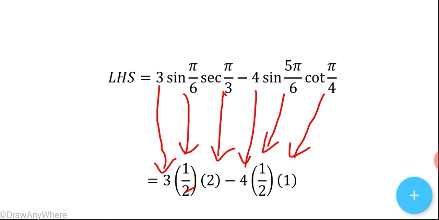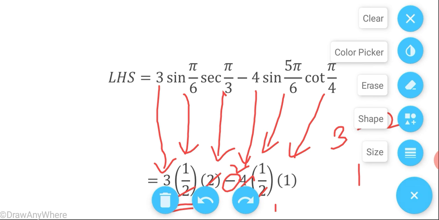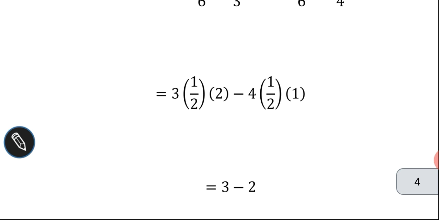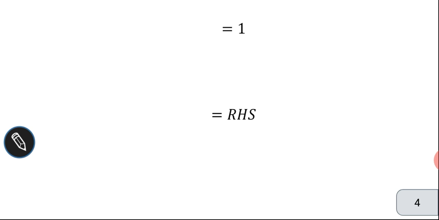Now simplifying this, 2 cancels 2. So 3 into 1 is 3, minus 2 into 1 is 2. So 3 minus 2 is equal to 1, which is equal to RHS.